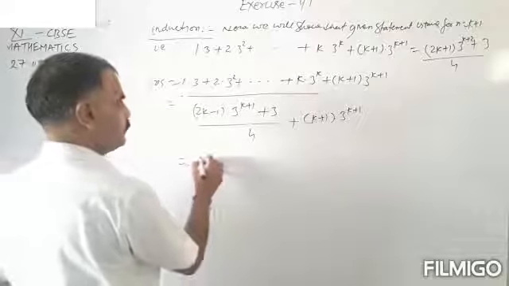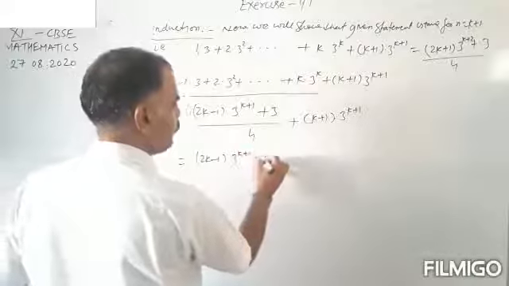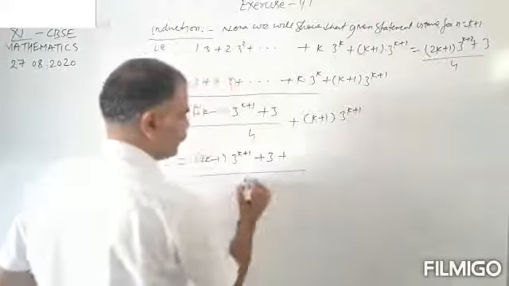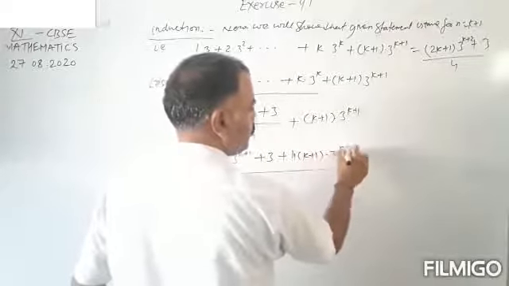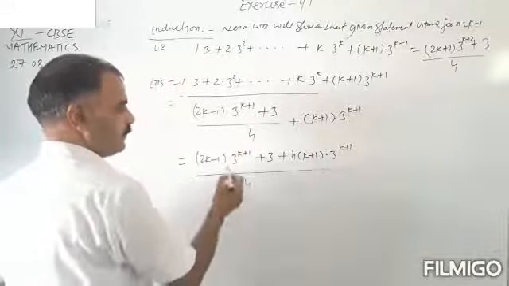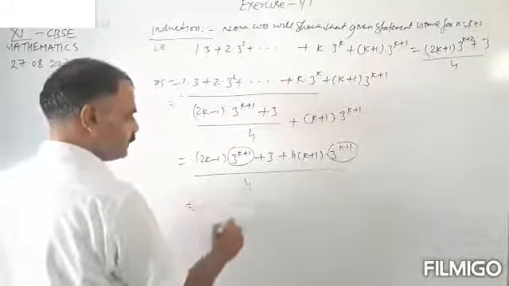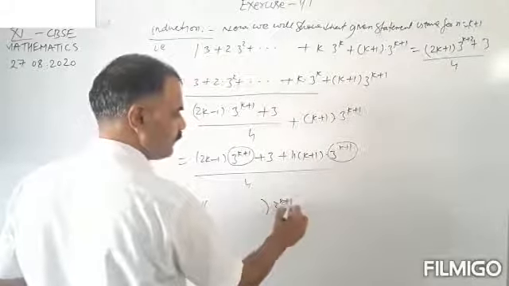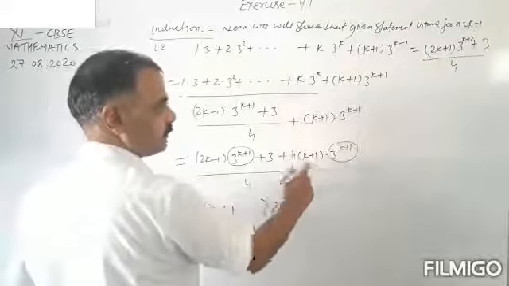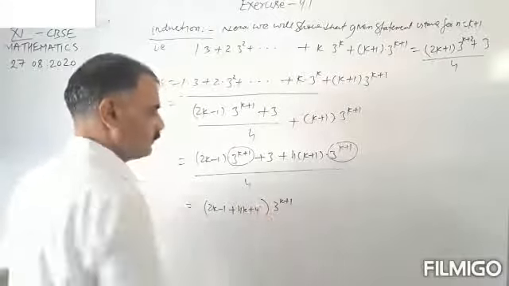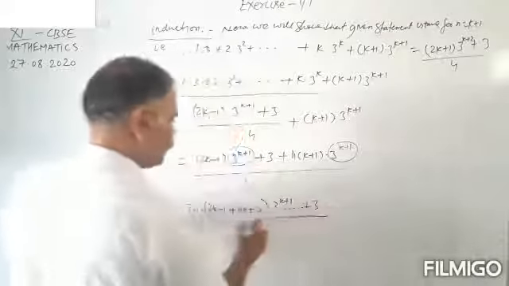Now this is equals to 2k minus 1 multiply 3 to the power k plus 1 plus 3, plus taking 4 as LCM, we are having 4 into k plus 1 multiply 3 to the power k plus 1. Taking 3 to the power k plus 1 as common, we are having 2k minus 1 plus 4 into k plus 1, that is 4k plus 4, plus 3 upon 4.